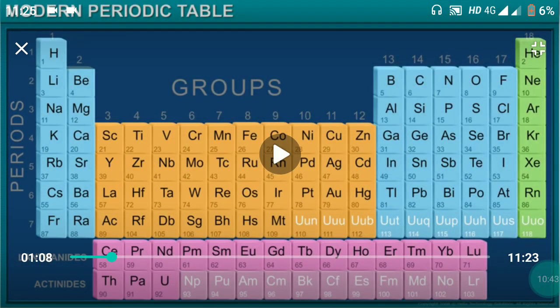We can see in the modern periodic table there are 4 blocks called S, D, P and F. Group 1 and group 2 are the elements in the S block. They are at the left side of the periodic table. These elements are normal elements. Group 3 to group 12 are in the D block.